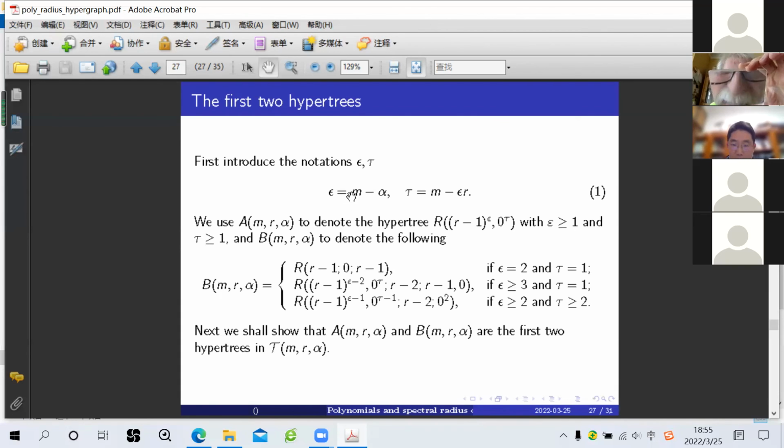We introduce the notations like this one. We use the hypertree A to denote this hypertree, and the notation B to denote this hypertree. We shall show that these two hypertrees are the first two hypertrees in this set.